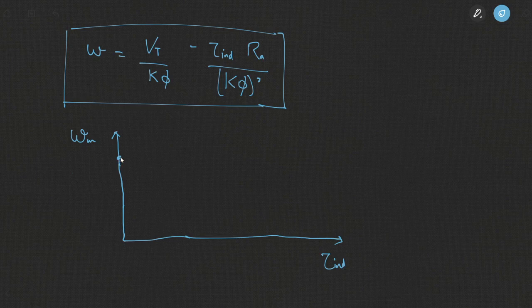As T induced increases, this graph will start decreasing, because this quantity increases as torque induced increases, and that is subtracted from Vt by K phi. So this is your maximum value where omega is equal to Vt divided by K phi. This is your torque versus speed profile for a DC shunt motor.